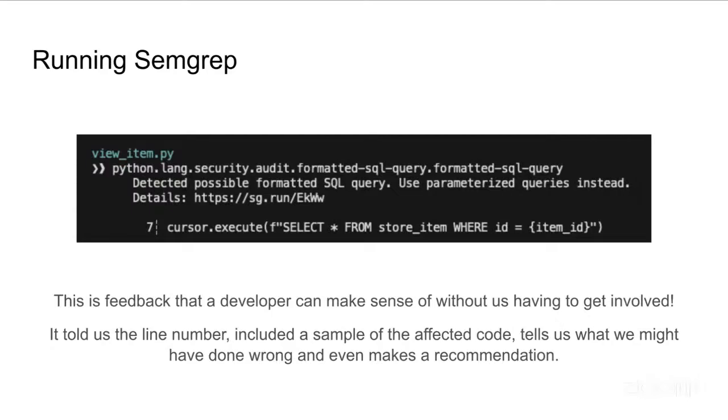This is feedback we find useful as security practitioners, but what's more useful is that it's useful to a developer. A developer does not need to know the history or the ins and outs of SQL injection. All they need to know is, hey, this code needs some work, here's what you can do to fix it. And if that still doesn't make sense, there's some documentation that will tell you a bit more.